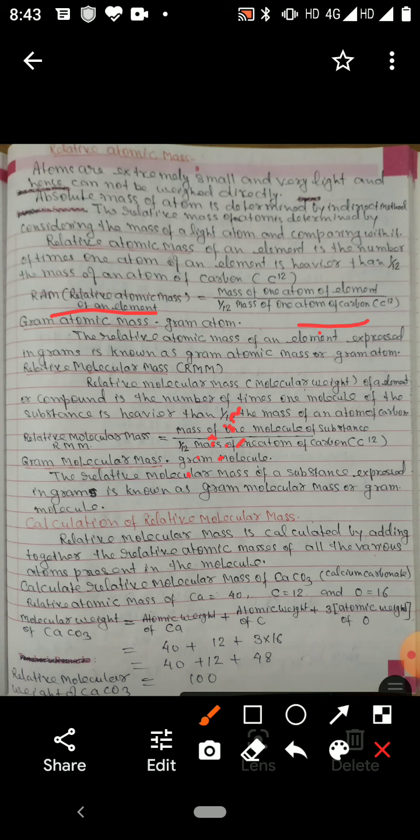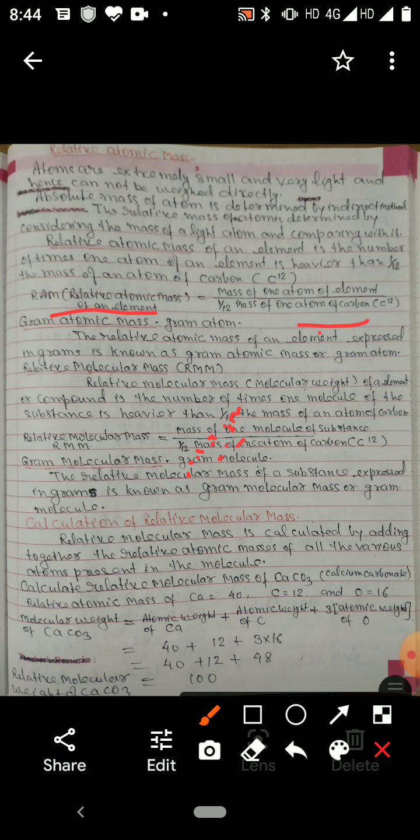Atomic weight or atomic mass of an element is expressed in AMU, the atomic mass unit. As we take the atomic mass of carbon as 12, it is 12 AMU.